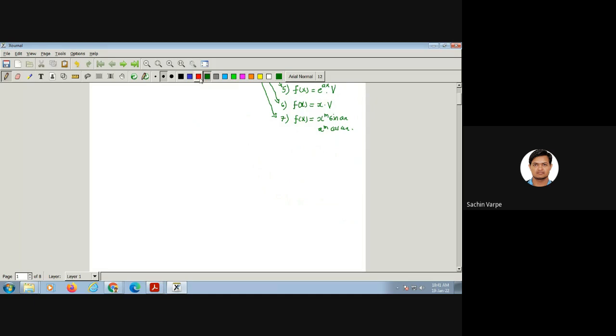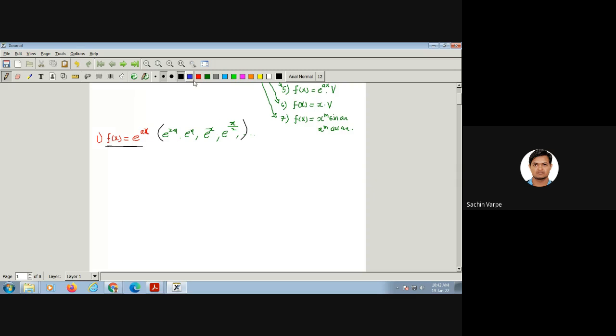The first is the exponential function, when f of x equals e to the power ax, like e raised to 2x, or e raised to x, or e raised to minus x, or e raised to x by 2, etc. If the right hand side function is of these forms, then we have a shortcut there.